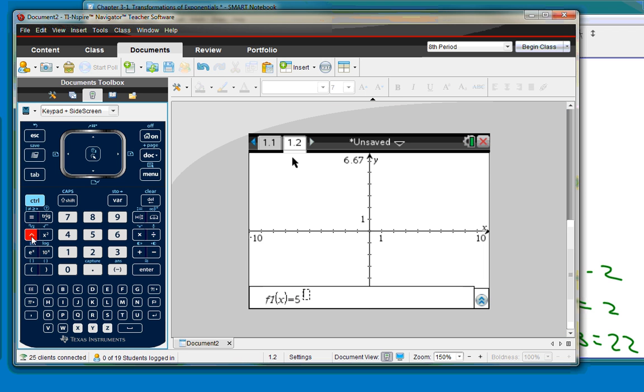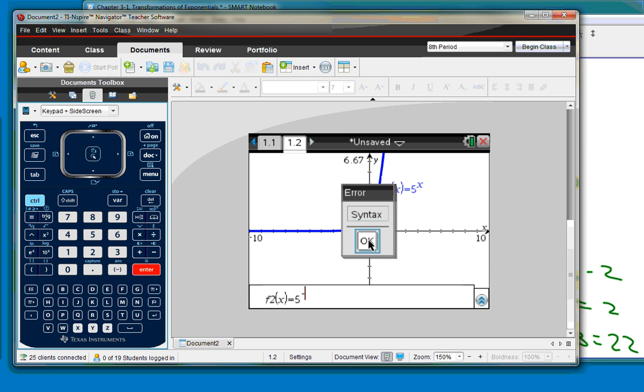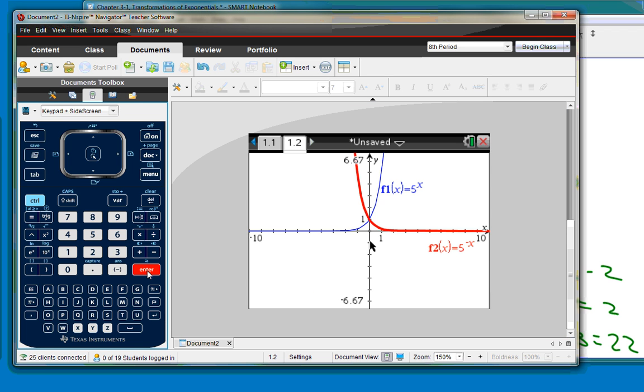If I have 5 caret to the x, here's my function. If I hit tab and do 5 to the negative x, there's my function. They'll be symmetrical, right?